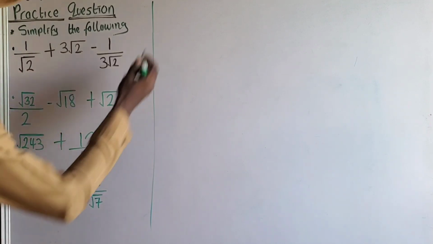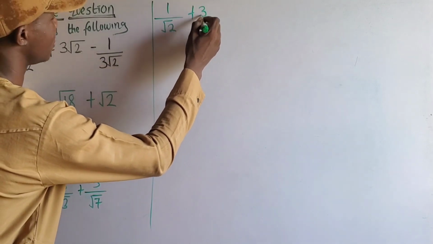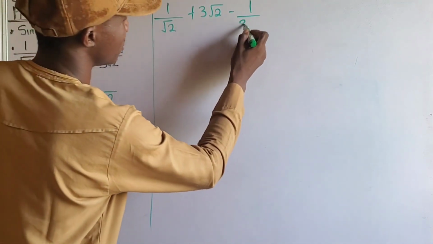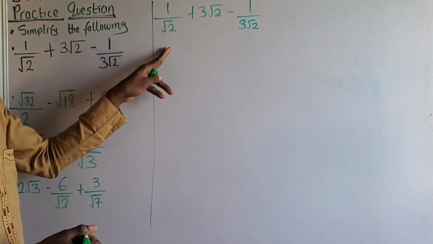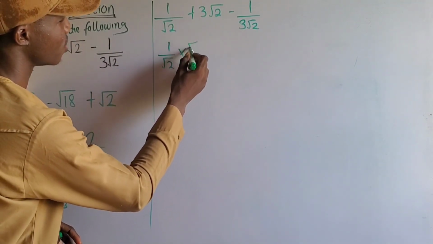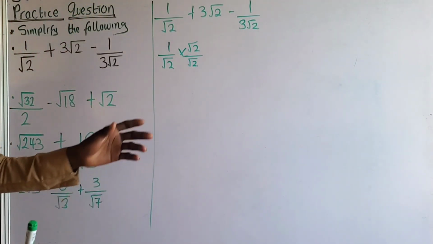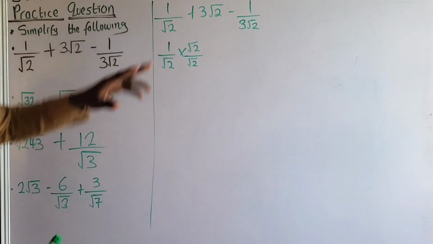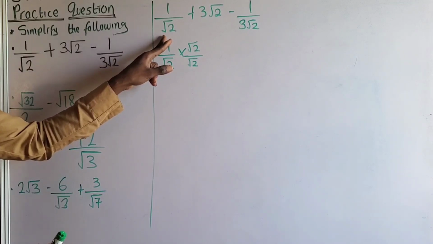So the first question we have is 1 over root 2 plus 3 root 2 minus 1 over 3 root 2. Now let us rationalize this. If I want to rationalize 1 over root 2, I'm going to have 1 over root 2 multiplied by root 2 over root 2. Do you know what I did? If you want to rationalize this fraction, you multiply both the numerator and the denominator by what you have at the denominator.